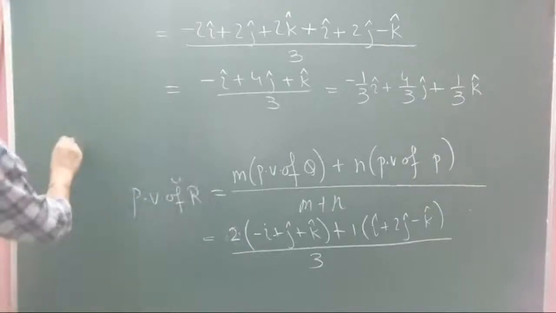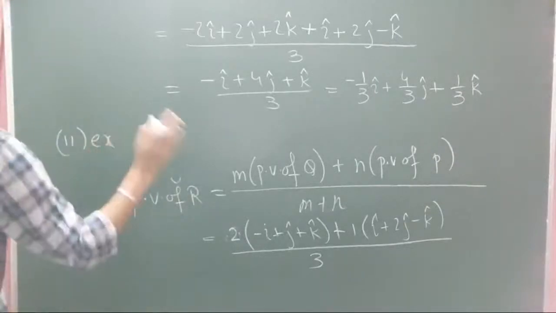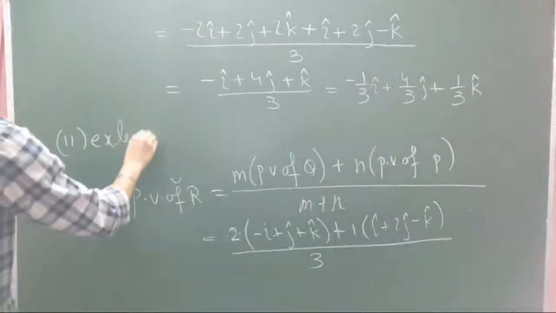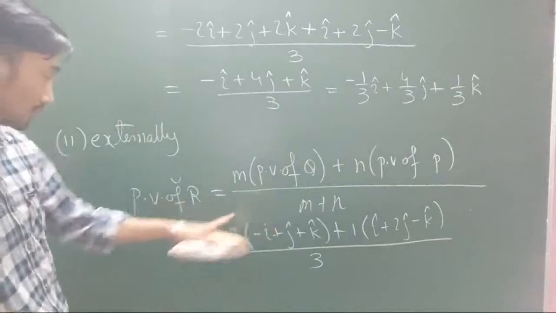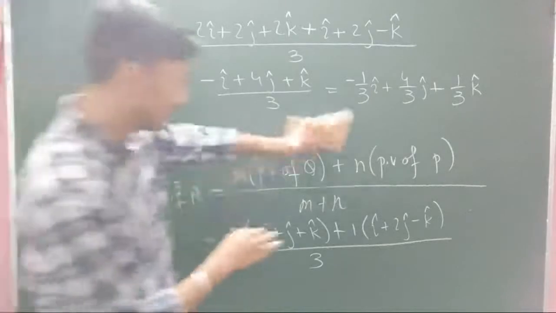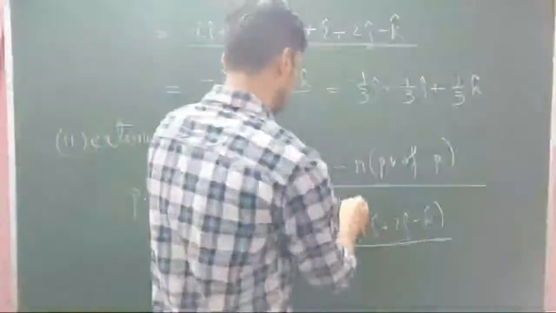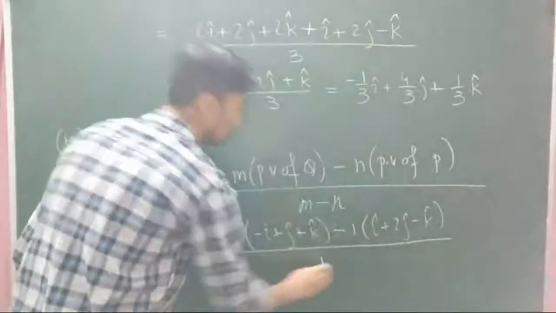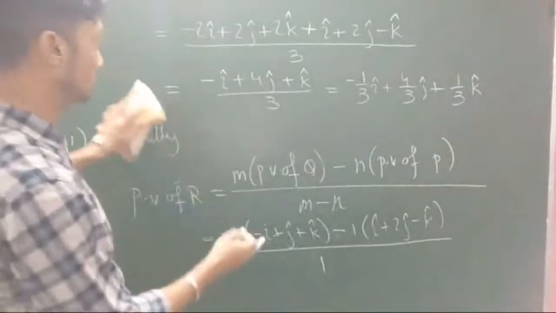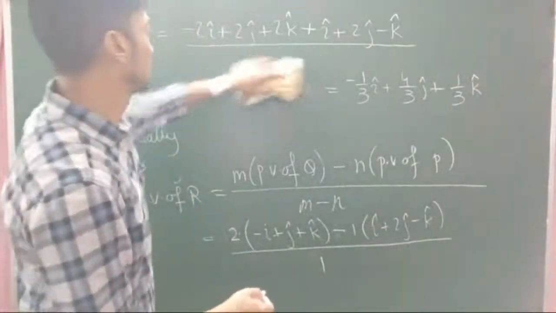Alright, let's talk of externally. As you know, that lazy person is going to make use of what I've written on the board. So external division would be almost the same, just a minus. So 2 minus 1 will be 1. So there will be some changes then. This will also be 1.